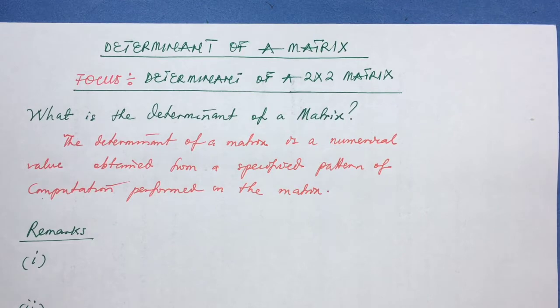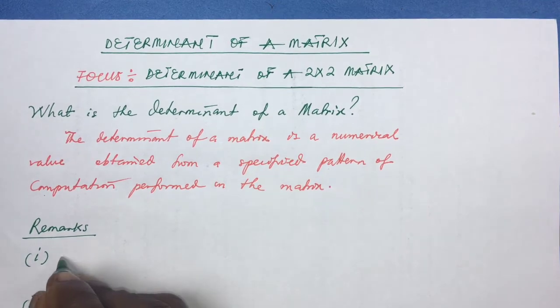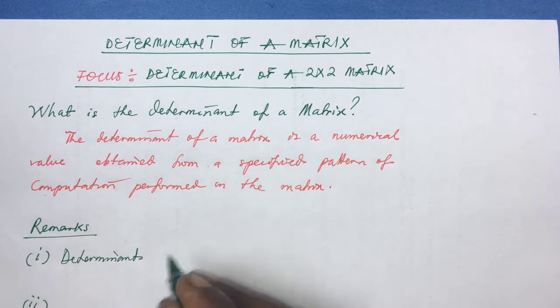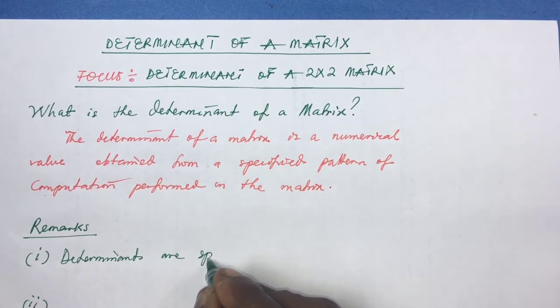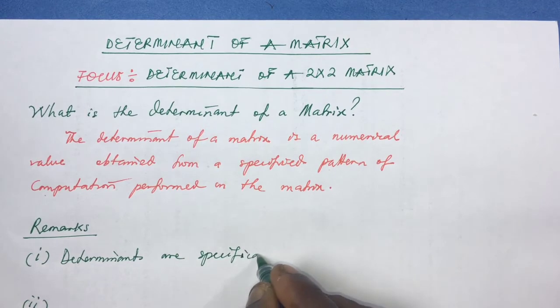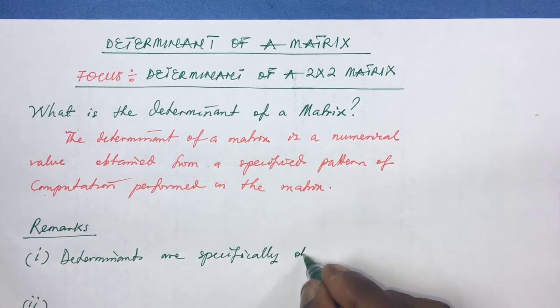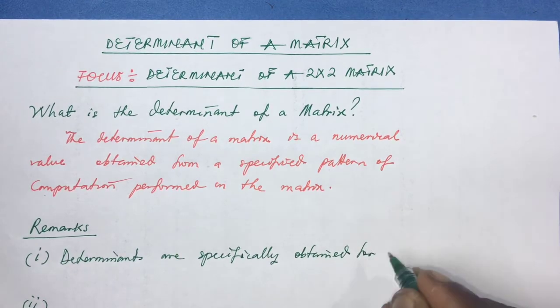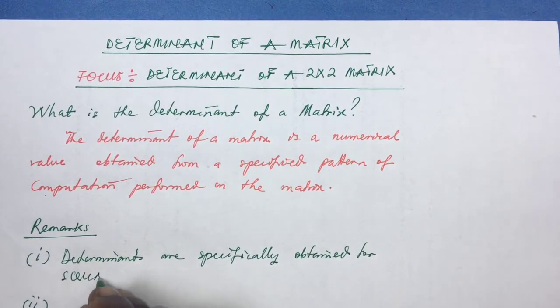Now, before we begin further discussion on the determinant, it is very important we take two remarks that are fundamental. Remark number one is that determinants are specifically obtained for square matrices.